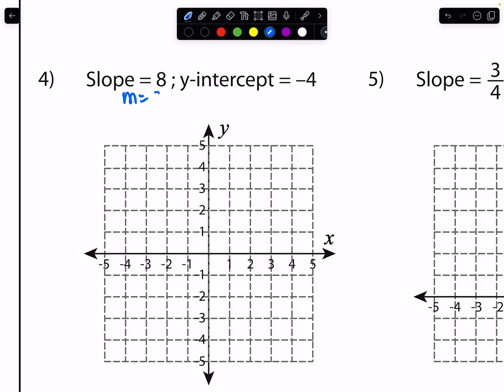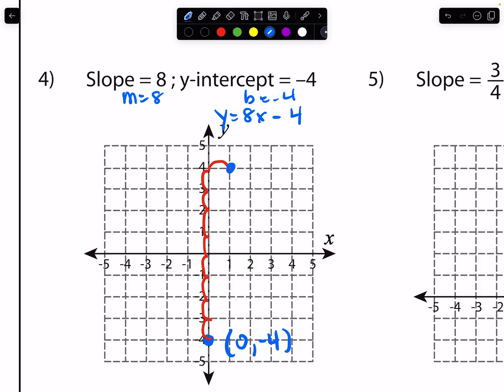So m equals 8, b equals negative 4, y equals 8x minus 4. So my y-intercept is negative 4, so I'm going to fill that in. That is 0, negative 4. Going to use my slope of 8, count up 8, 1, 2, 3, 4, 5, 6, 7, 8, forward 1.